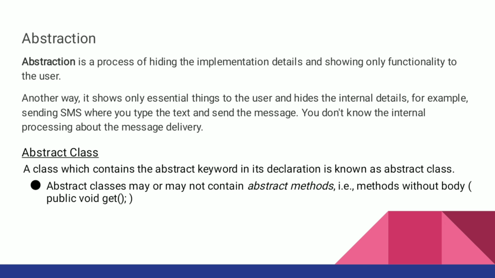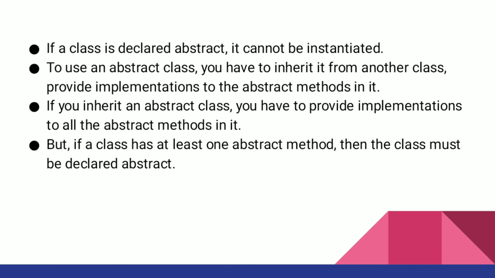Abstract class. A class that contains the abstract keyword in its declaration is known as an abstract class. An abstract class may or may not contain abstract methods. These are methods without a body, like public void get function, semicolon. If a class is declared abstract, it cannot be instantiated.